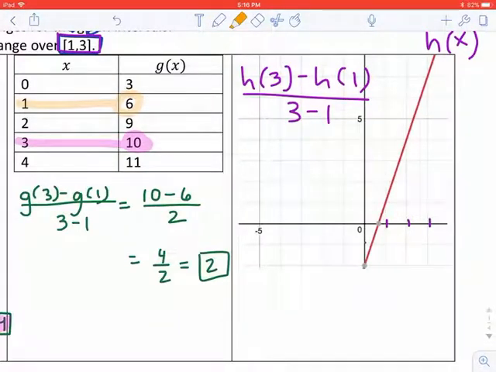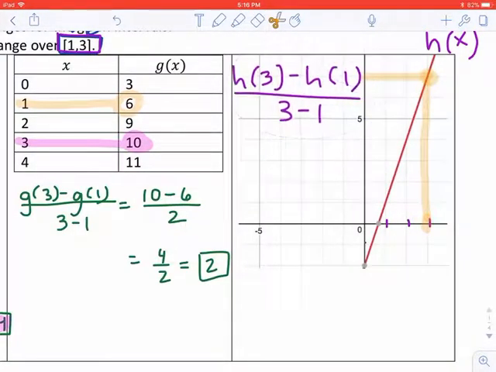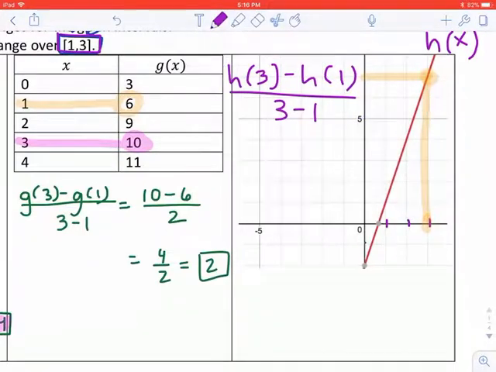So I'm going to be looking at, here's 3, I'm going up, and I hit here, and at this particular value. So let me move this so I can see a little bit clearer. It is hitting right there, which looks like 7. So h of 3 is 7.